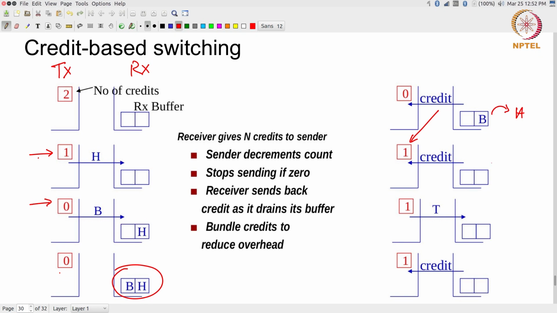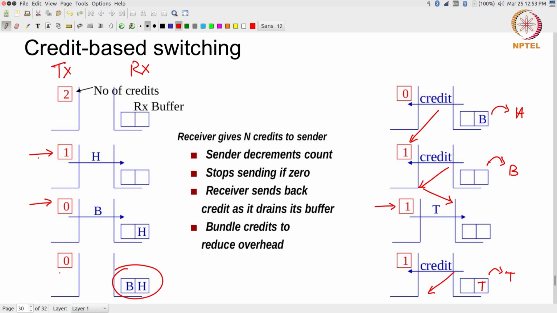It popped out the B and sent back another credit, but this and this transmission of T happened at the same time, so the number of credits remains at 1 as far as the transmitter is concerned. And then afterwards this one sends back one more, so by this point you should see that the number of credits has gone back to 2. Okay. So, after this T would be sitting over here and then T would get popped off in this case.